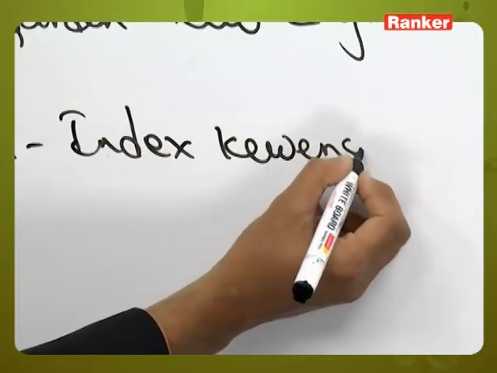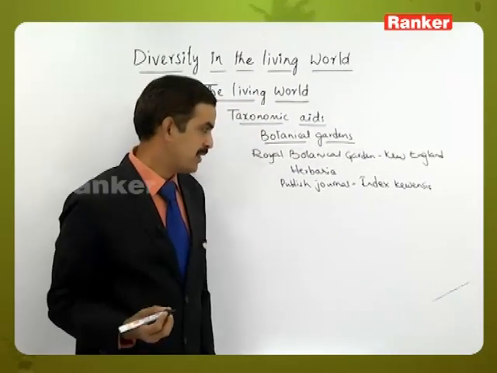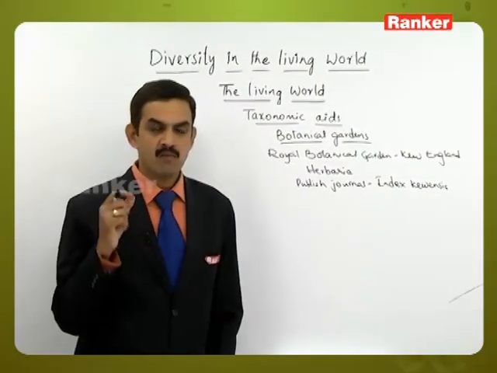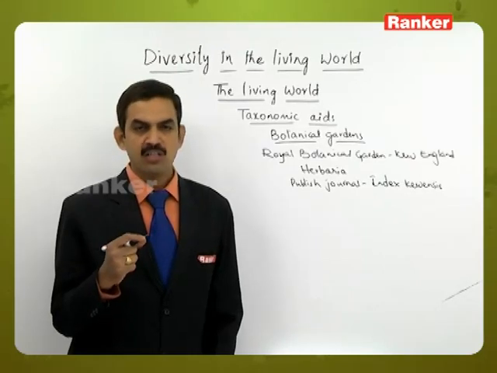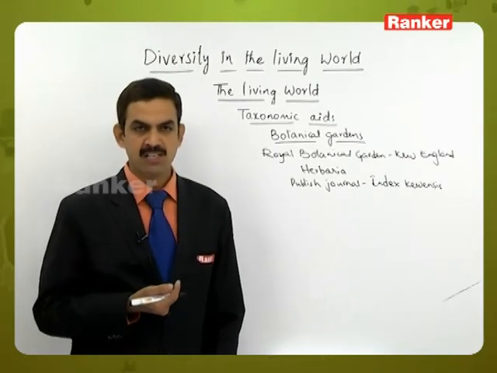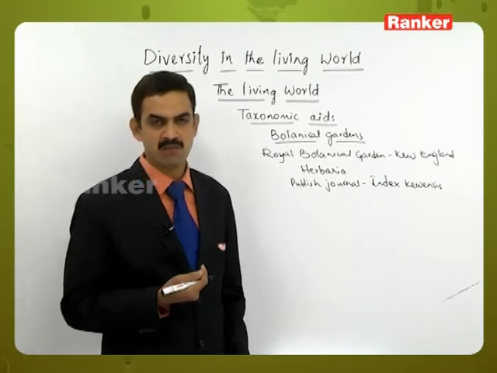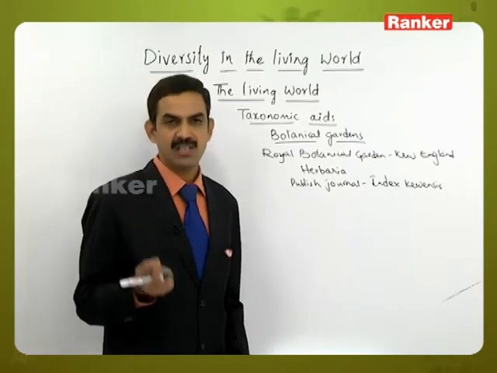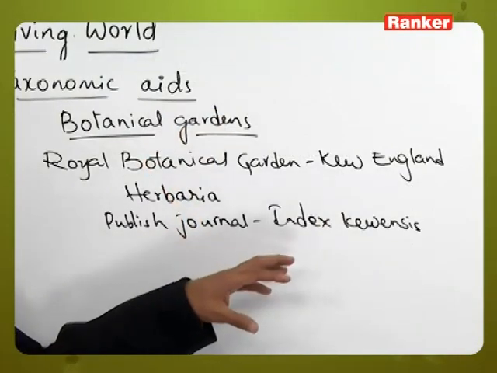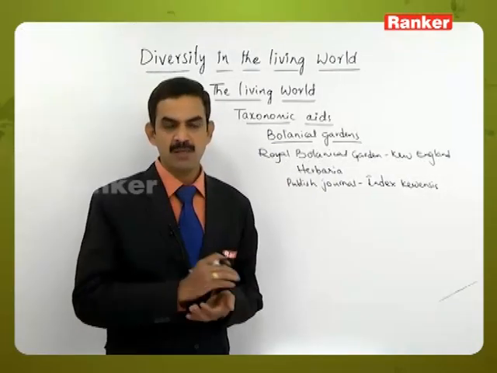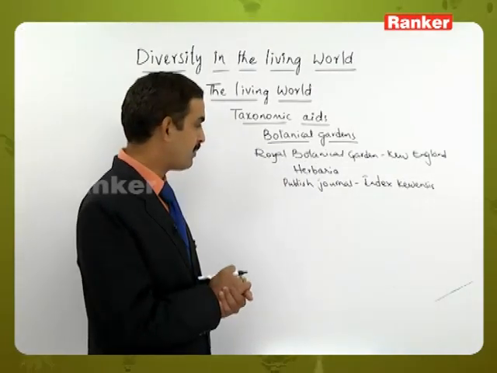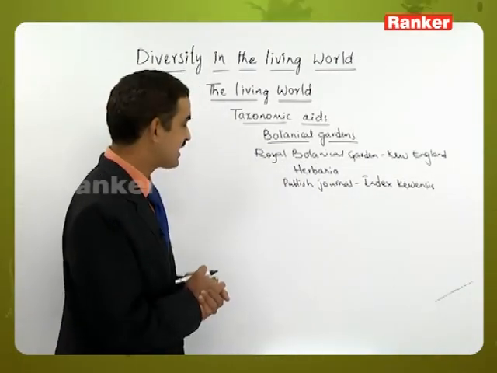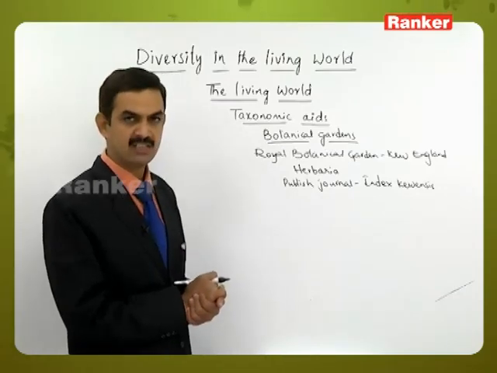What does this journal contain? It publishes all the new aspects and the current research work going on in the present days. All the new things that are going to be discovered are discussed or published in the Index Kewensis. That is the significance of this Royal Botanical Garden.